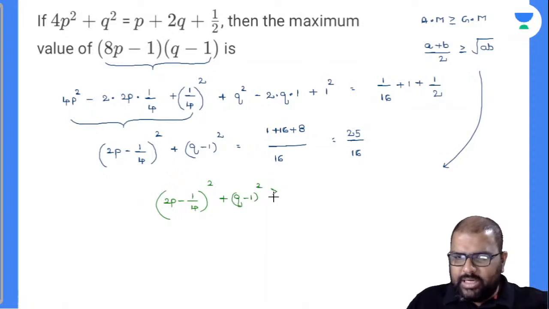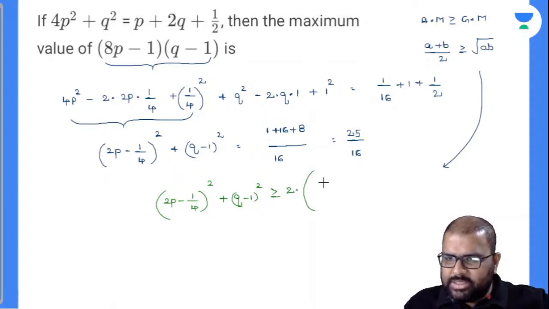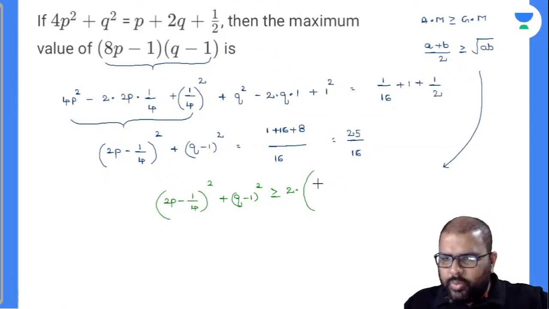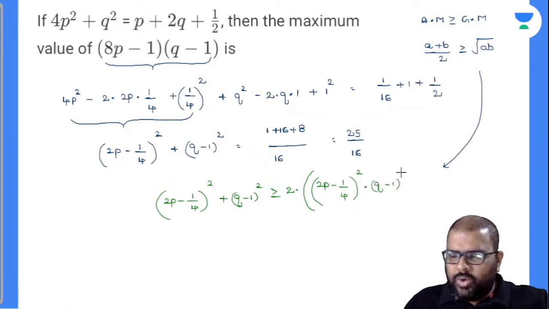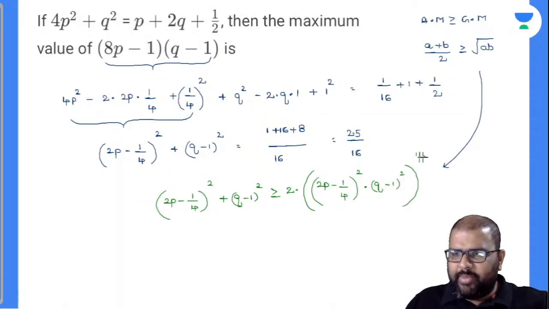What I will do is take 2 into, whole to the power of, 2p minus 1 by 4 whole square into q minus 1 whole square, whole to the power of 1 by 2. Am I right on root of AB? I am writing this down.